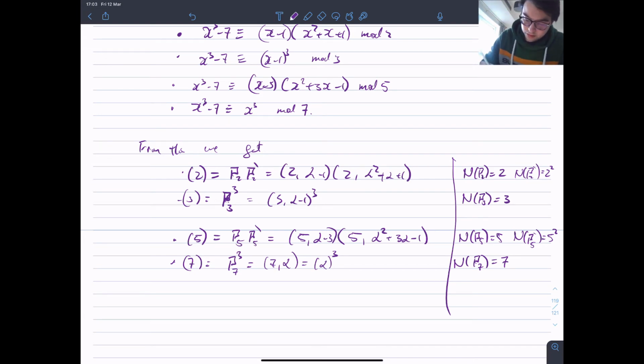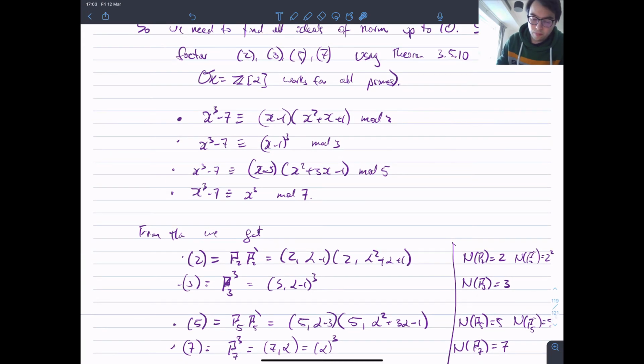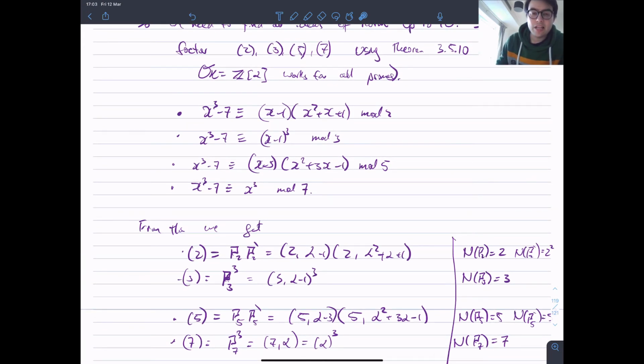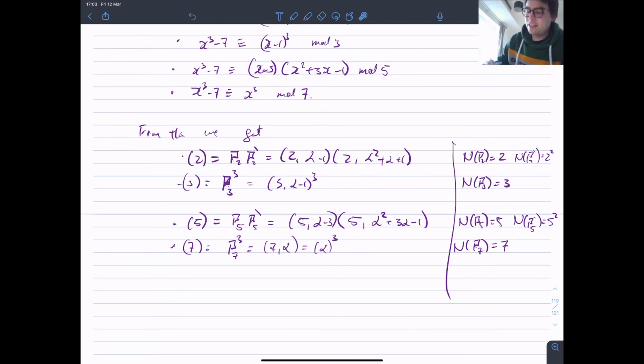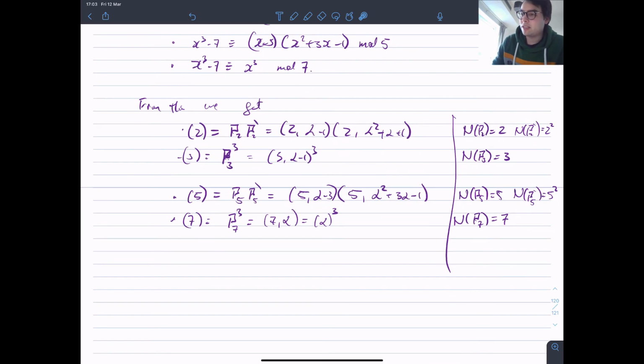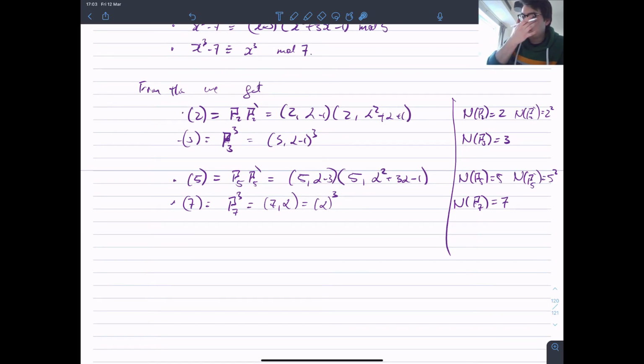Great. So I now have my list. I've factored all the ideals of primes showing up in the primes less than 10. So all the ideals of norm less than 10 are going to be built up from these ideals. If I combine these, what are the ideals I can construct of norm less than 10? Do we need to rule out some?